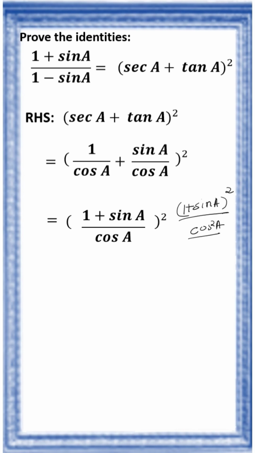Now let us write cos square A as 1 minus sin square A, because cos square A plus sin square A is equal to 1.